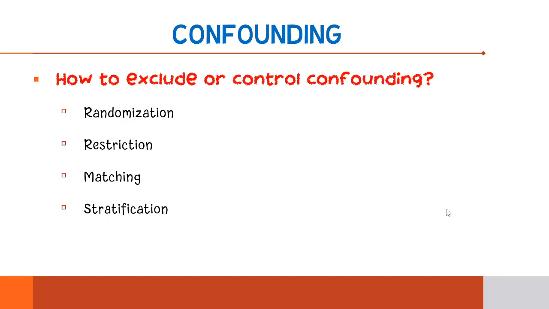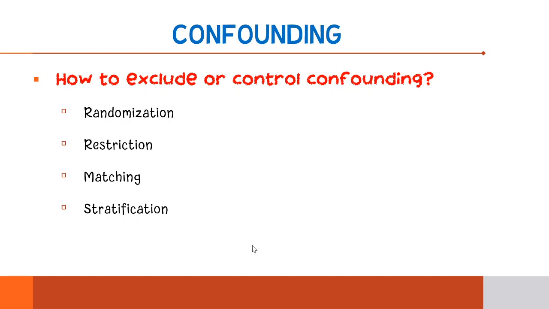The next thing we can do to control is through restriction. Now, restriction means limiting the study to subjects in one category of the confounder as a simple way of ensuring that all your participants have the same level of confounder. So, for example, if our confounding factor is smoking, we can limit our study population to only non-smokers or only smokers.